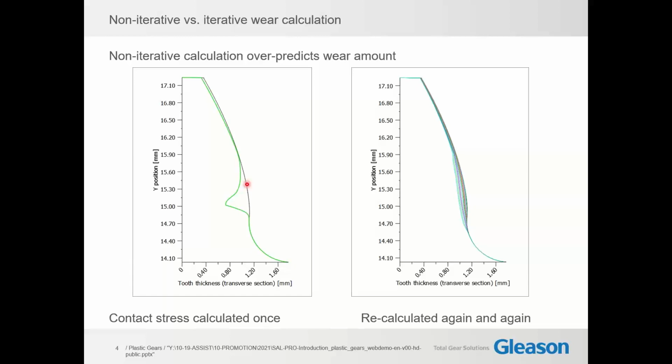And from the sliding speed, the contact pressure, and this wear rate, the specific wear rate, the material property, we can calculate how much wear results. From this calculation, we find then the green line. That is the tooth shape after wear.